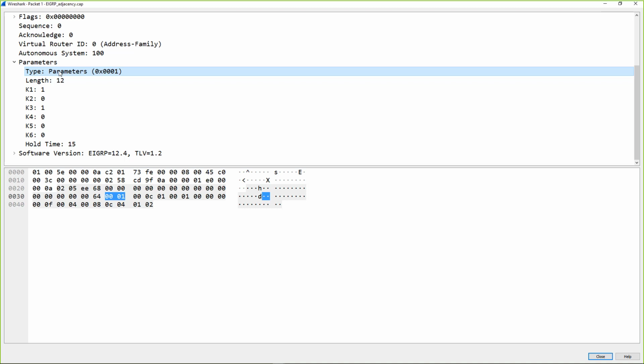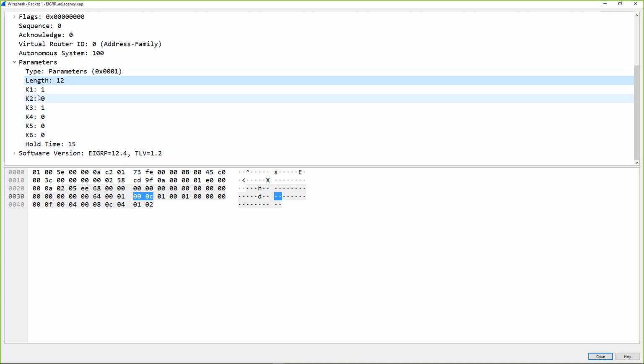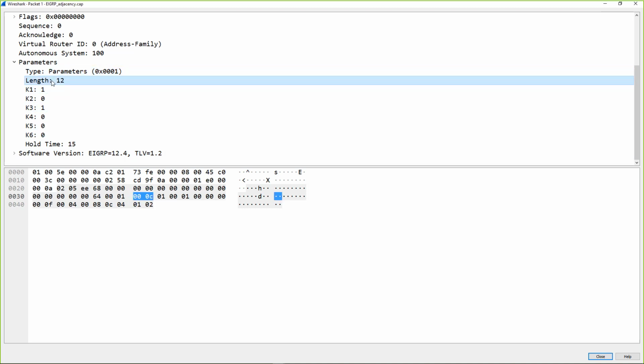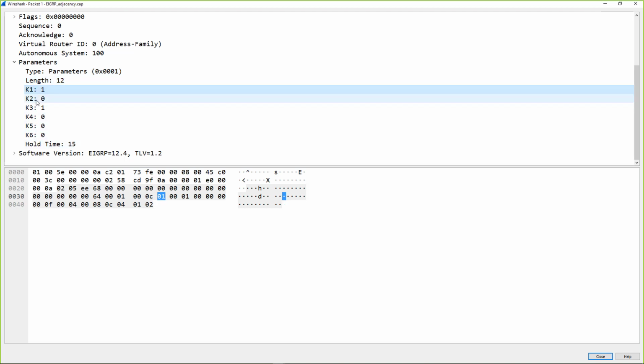In this case, the type is parameters, and then this is the length, and then these are the values, right? So the type of the container is a parameters container, the length is 12 bytes, and then this is the actual information contained within the container itself. These happen to be K values, and K values are used to manipulate the metric for EIGRP.